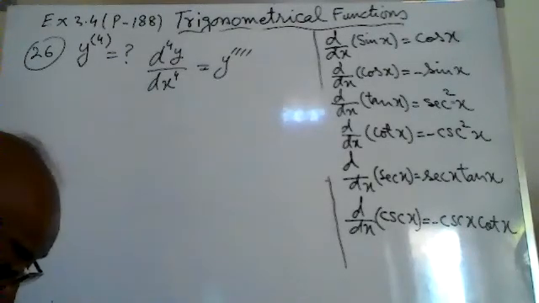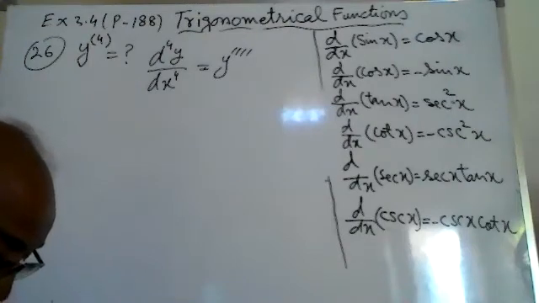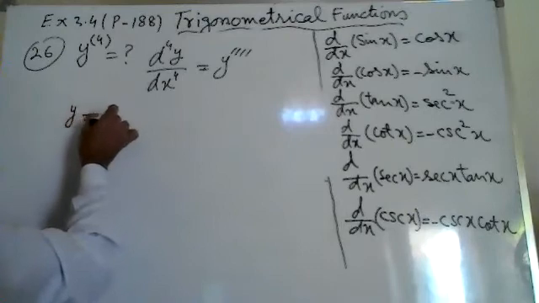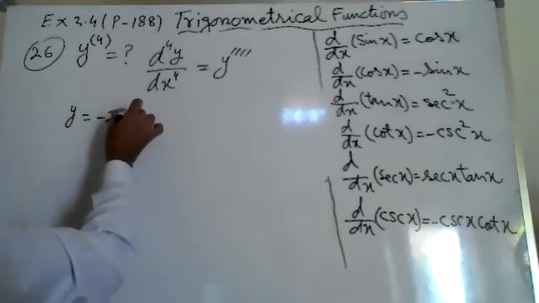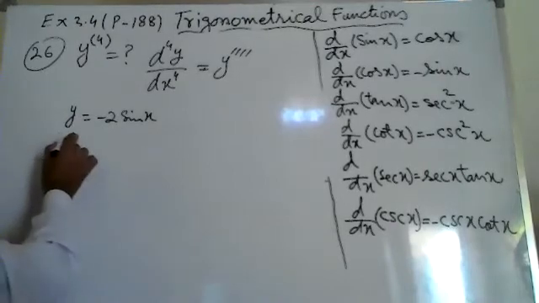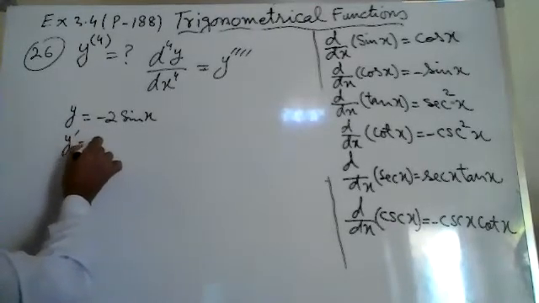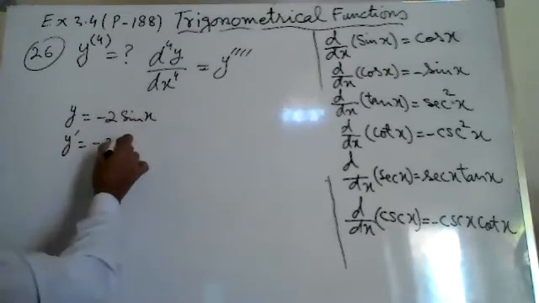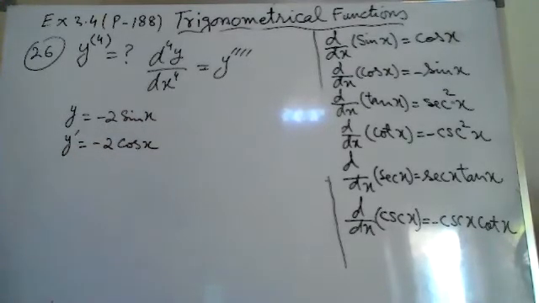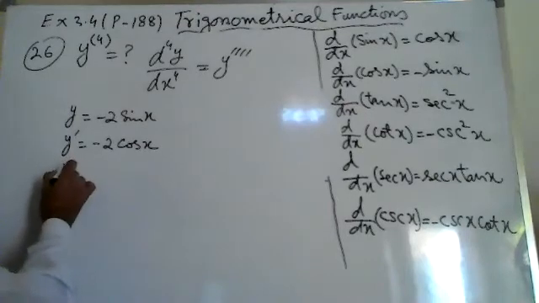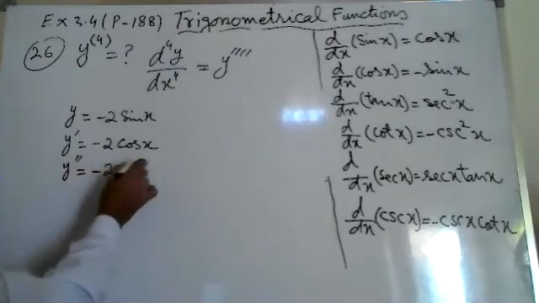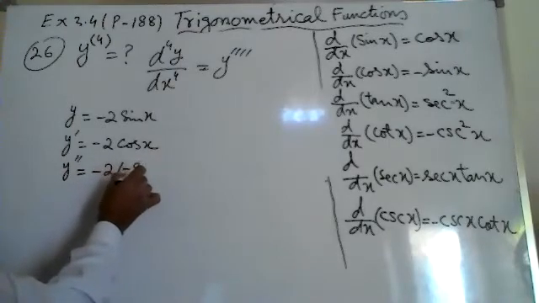Okay, the question is y is equal to minus 2 sine x. We'll find the first derivative: minus 2, the derivative of sine x will be cos x. The second derivative: minus 2 is constant, the derivative of cos x is minus sine x.